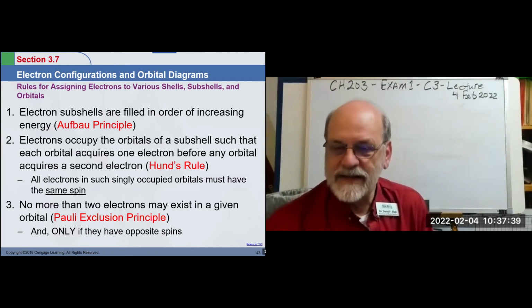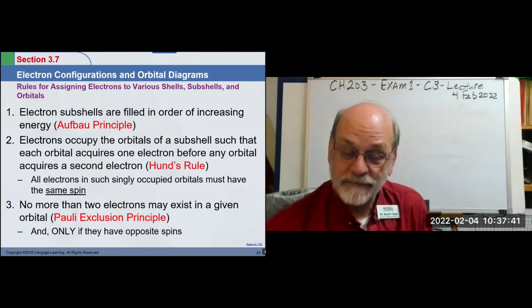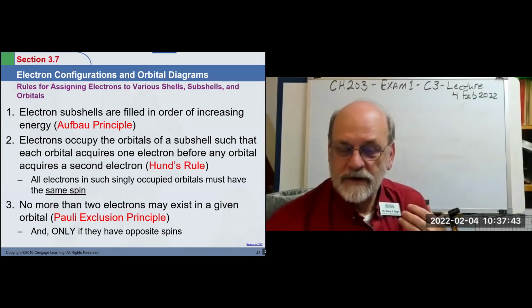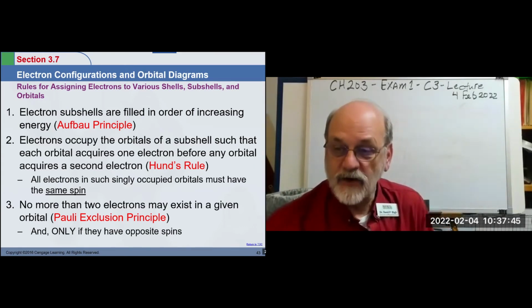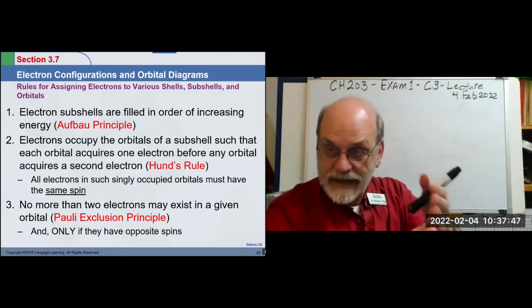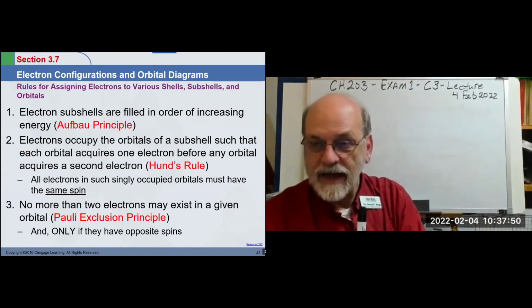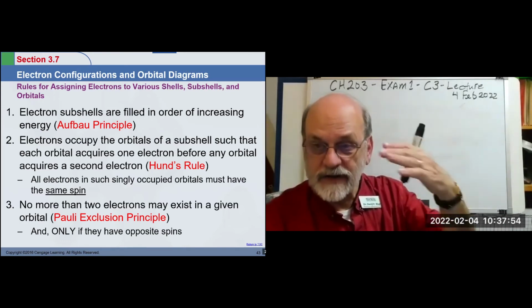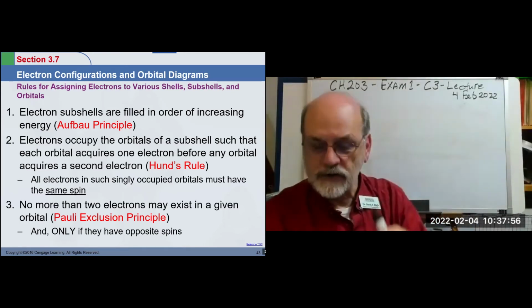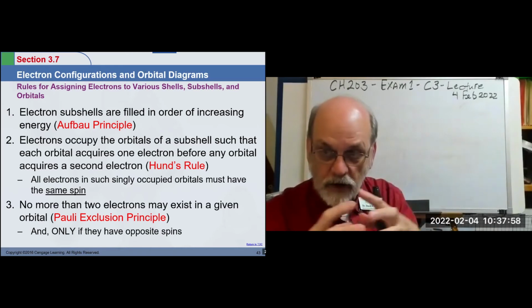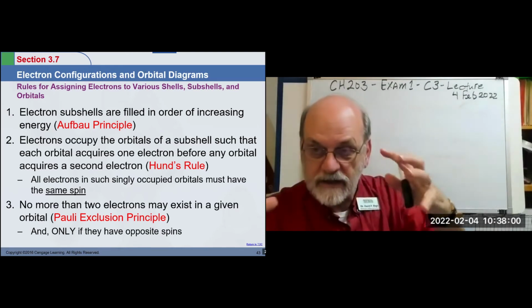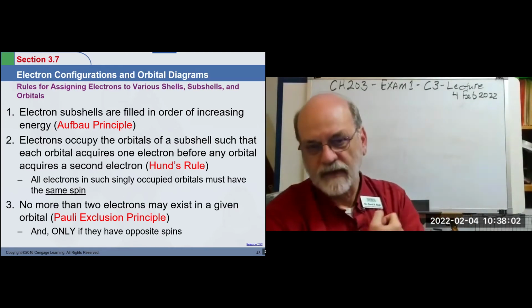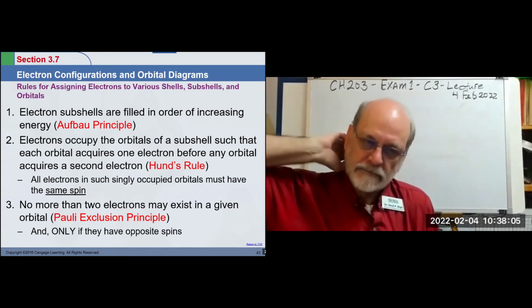In practical terms, you add electrons as you build elements sequentially. As you add a proton and you add an electron, you put the electron into the next highest energy level. You start from the lowest possible energy level, close to the nucleus, and you gradually build out. That's the Aufbau principle.